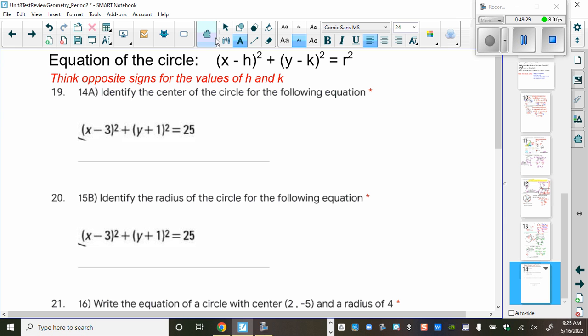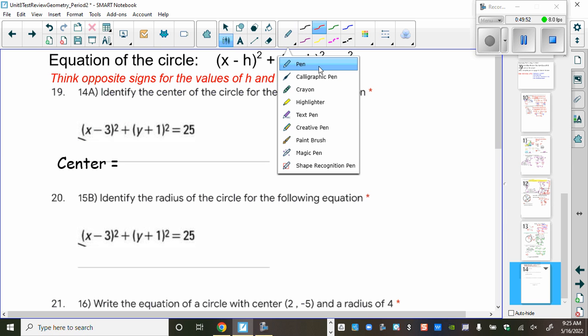So if you're told, given this type of equation, I need a center, here's how you're going to get that center. Your x value, look at the sign right here.